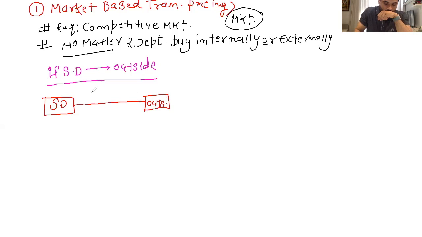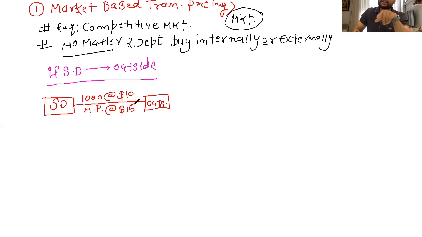Let's say we have 1,000 units, and the service department spends $10 to produce intermediate products. And the market price, if the supply division sells in the market, is let's say $15.